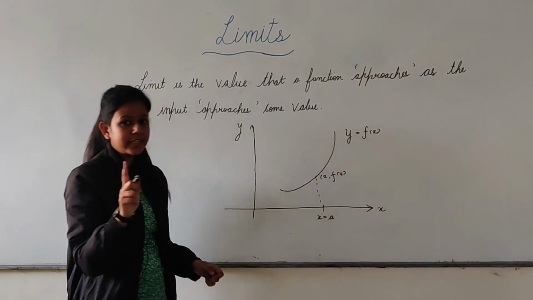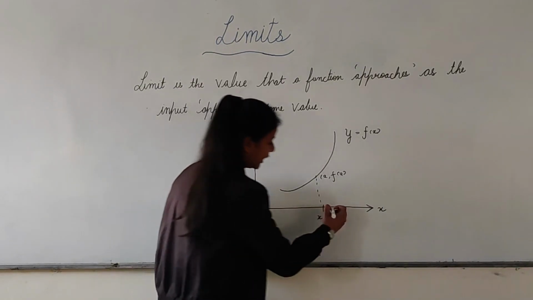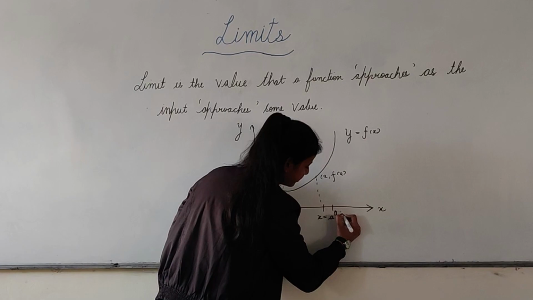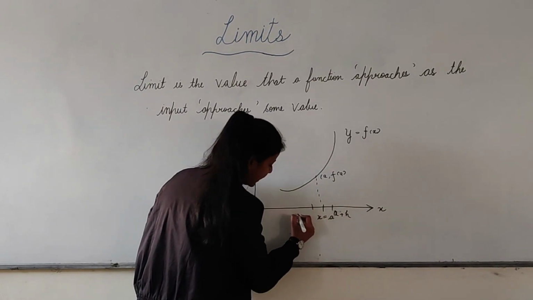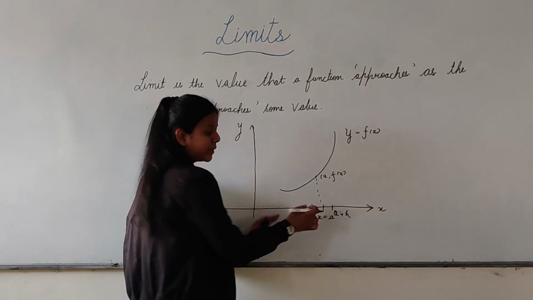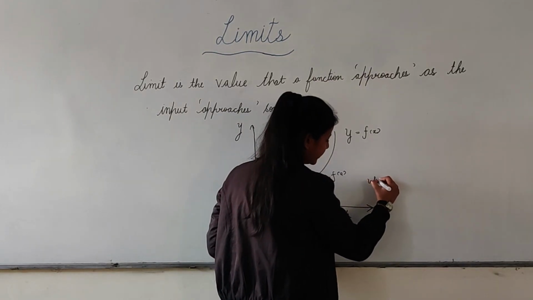As x equals to a has two neighborhoods, x equals to a plus h and x equals to a minus h. a can be approached from two sides, where h is greater than 0.